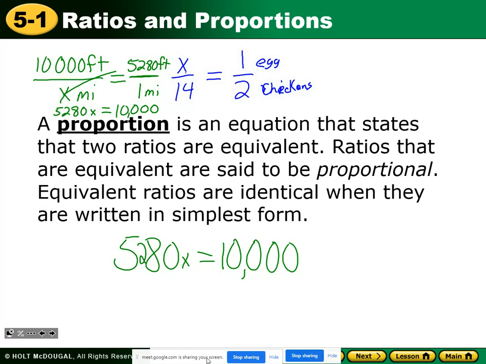If this is an inverse operations problem, what do we need to do? Oh. I divide by 5,280. Somebody with a calculator, get on it. 5,280. All right. And I find that it's 1.89393939.